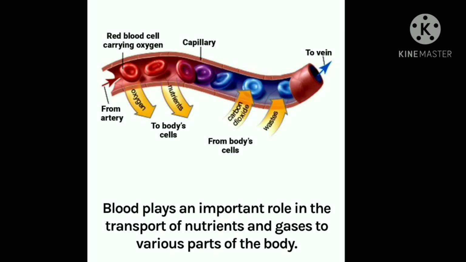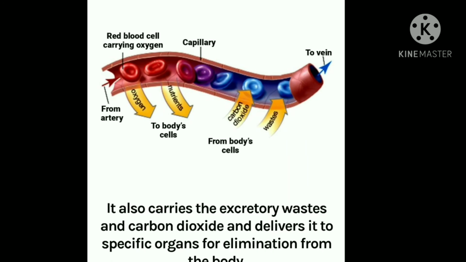And in this way they transport different types of nutrients as well as the gases to various parts of the body. It also carries the excretory waste and carbon dioxide and delivers it to specific organs for elimination from the body.